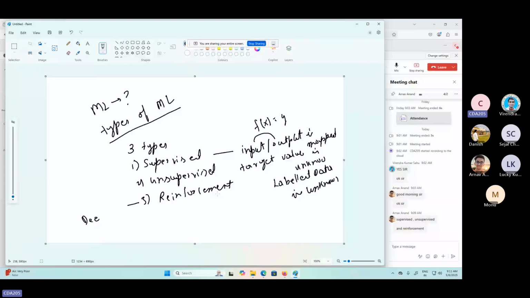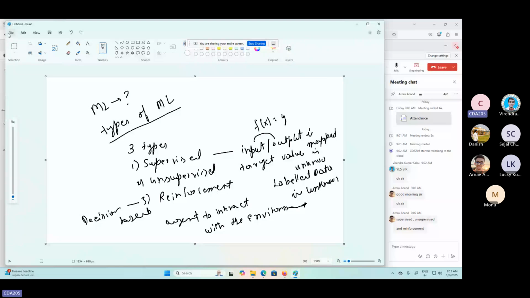There will be an agent to interact with the environment. Like we can see, there is chess. Chess is the best example of reinforcement learning. So these are the different types of machine learning.